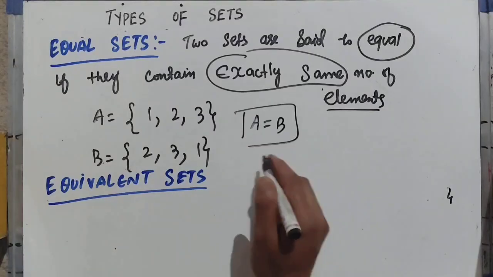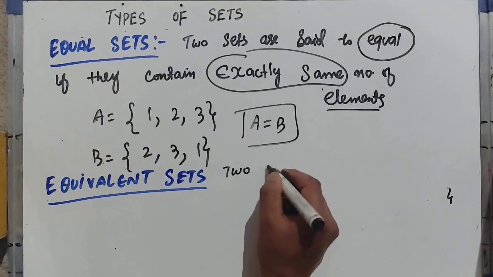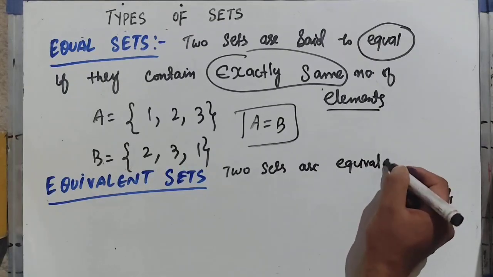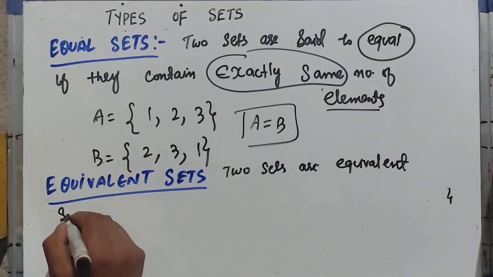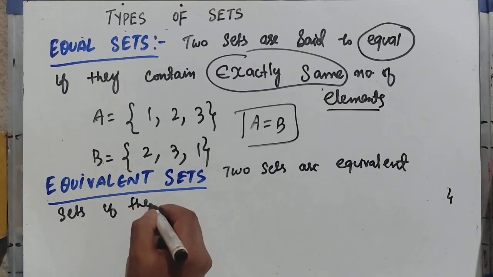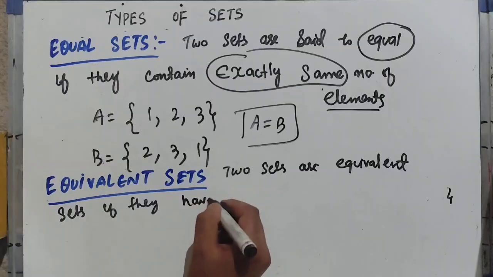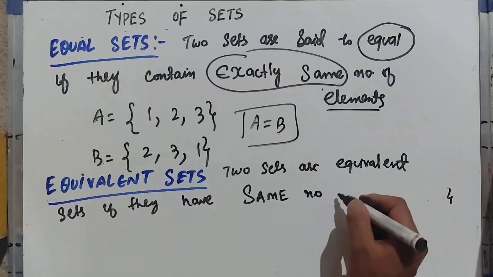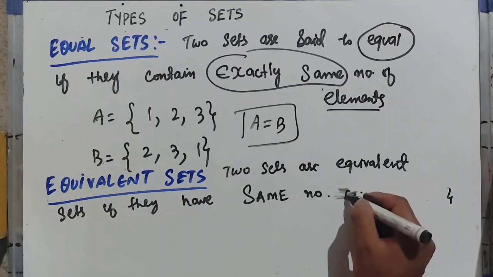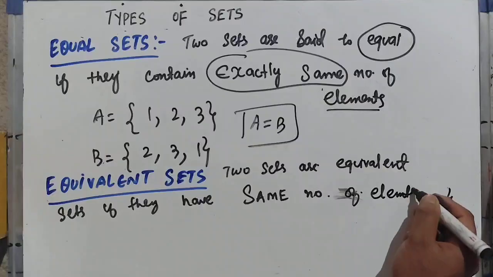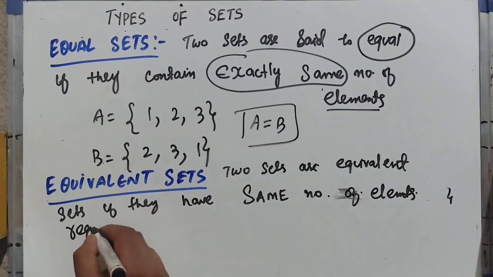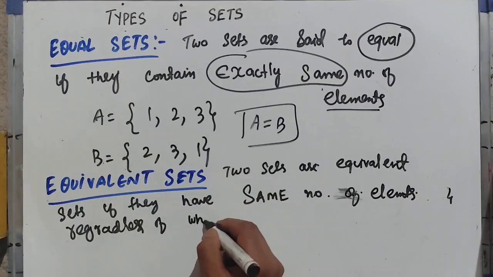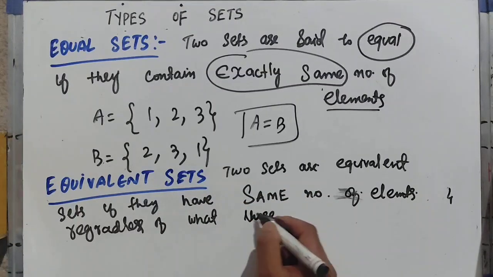Two sets are equivalent if they have the same number of elements, regardless of what those elements are.